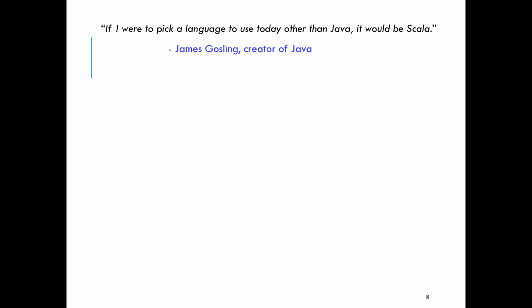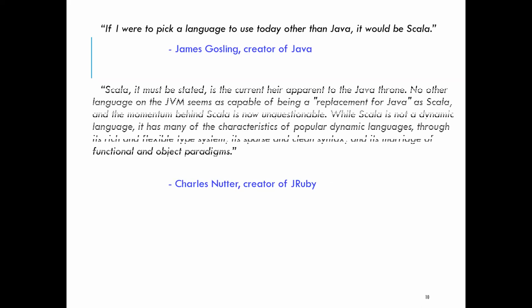Now, this is what people have said. For example, James Gosling, who created Java, says, if I were to pick a language to use today other than Java, it would be Scala. And Charles Nutter, the creator of JRuby, mentioned Scala must be studied. Is it the current heir apparent to the Java throne?